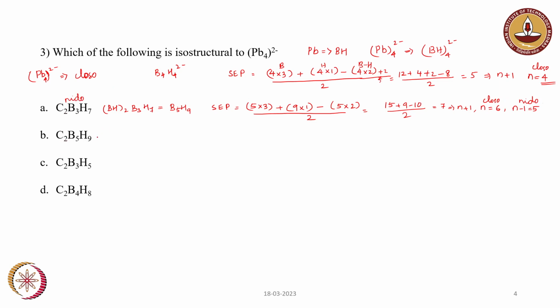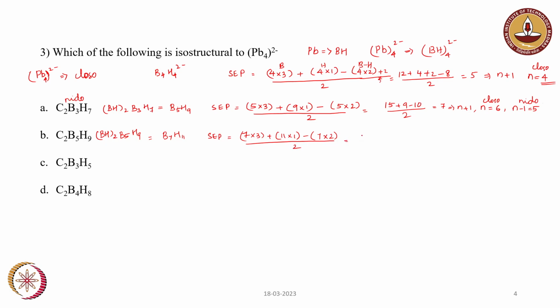Here 2C is present, so BH twice, B5H9. That is B7H11. So SEP equal to 7 into 3 for boron, 11 into 1 for hydrogen, then 7 BH units, 7 into 2, divided by 2.